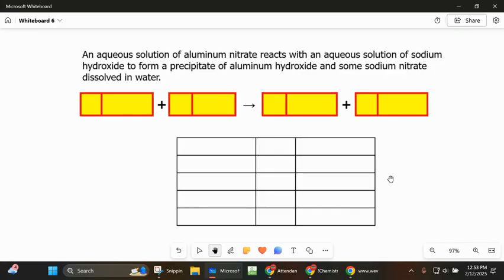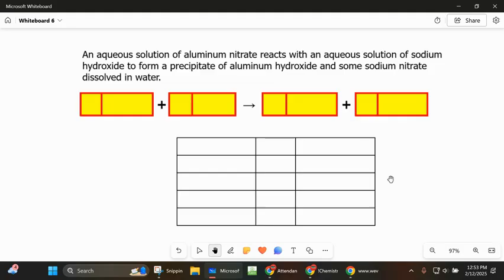But what is on the reactant side should be before the arrow, and what is on the product side should be after. So again, an aqueous solution of aluminum nitrate reacts with an aqueous solution of sodium hydroxide to form a precipitate of aluminum hydroxide and some sodium nitrate dissolved in water.